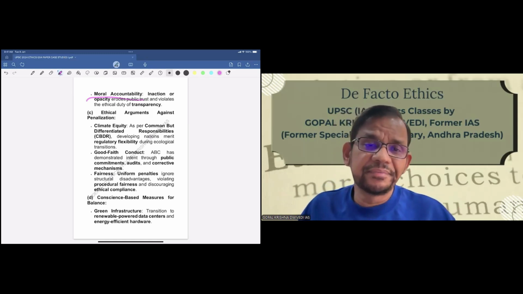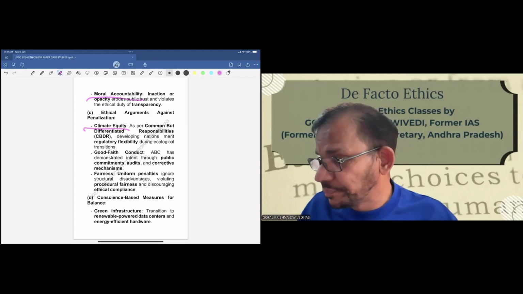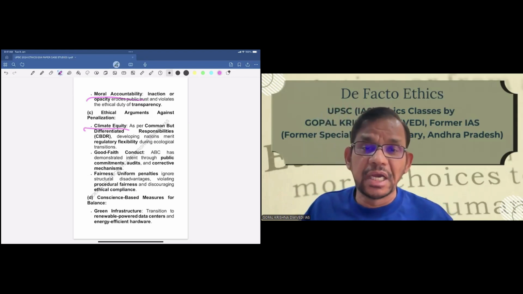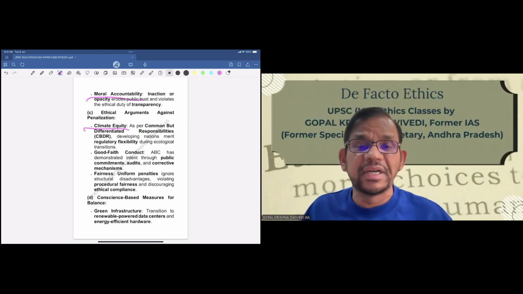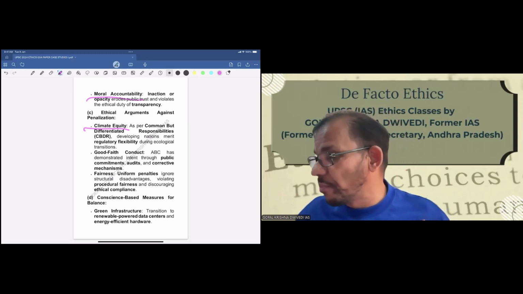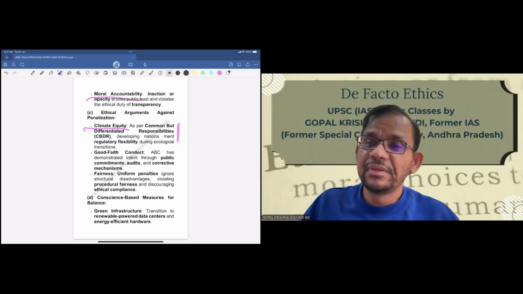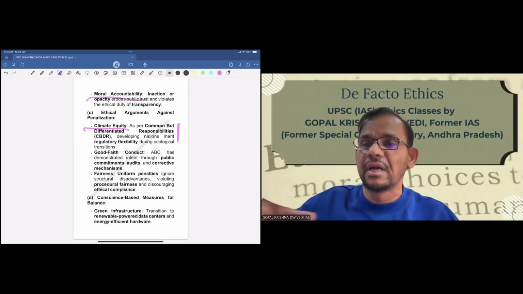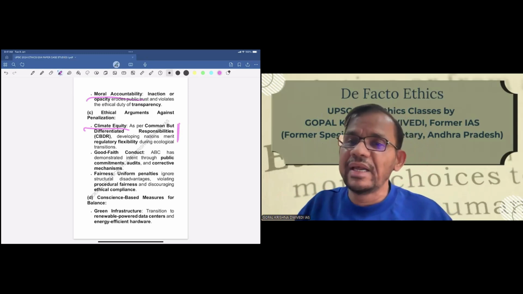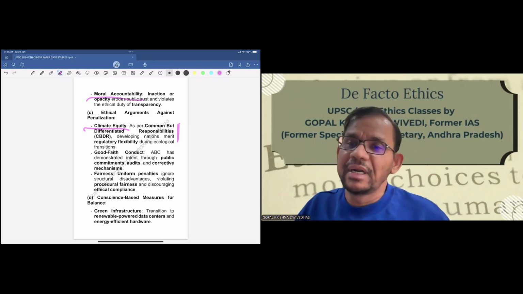Now first is climate equity. As per common but differentiated responsibilities, developing nations merit regulatory flexibility during ecological transitions. This is very important because developed countries have already developed and, in a previous historical phase, have already violated all kinds of environmental norms.